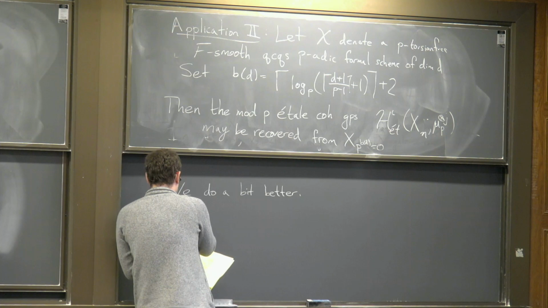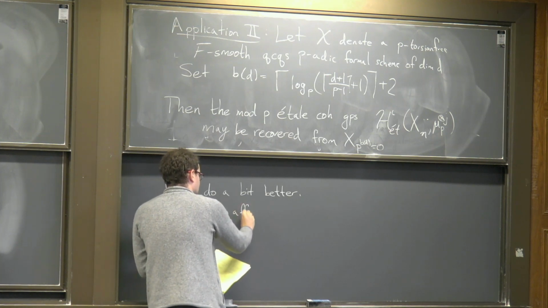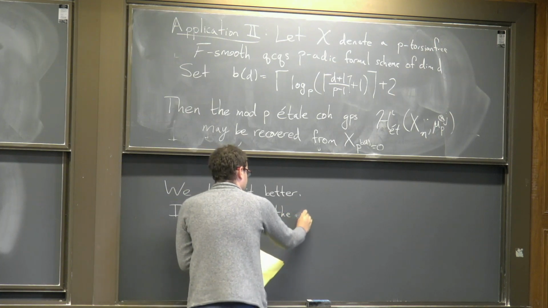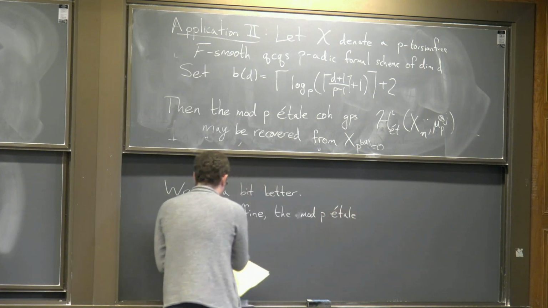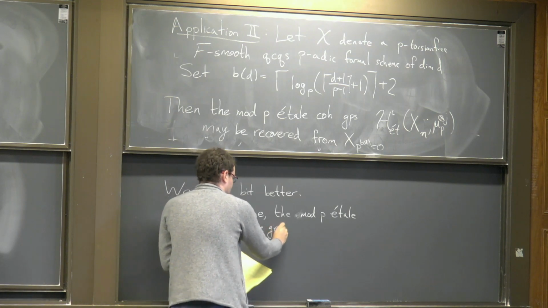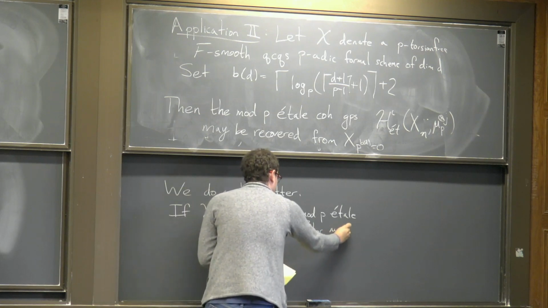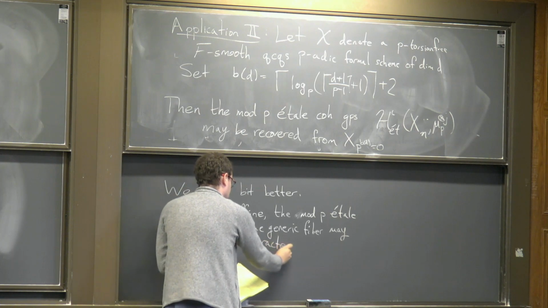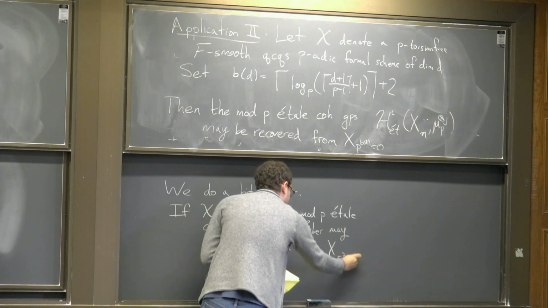So for example, if X is affine, the mod p etale cohomology of the generic fiber may be extracted from X mod p cubed equals 0.